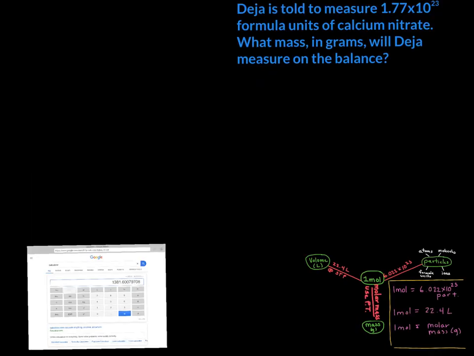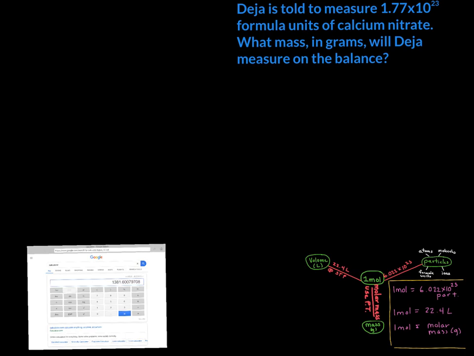Okay, guys, copy down the third and final example for tonight. Let's take a look at this problem. Deja is told to measure out 1.77 times 10 to the 23rd formula units of calcium nitrate. What's the mass in grams that Deja is going to measure on the balance?